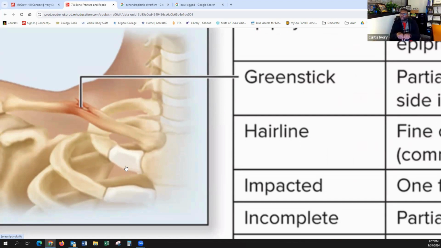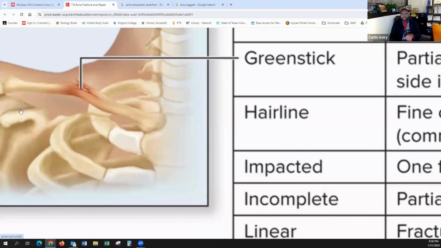With green sticks, which are like living trees versus a tree branch that is dead, those are very hard to break in half, because you can split the top of them, but the bottom half is going to still be attached, just like this right here. So if this was a stick off a fresh tree, the top portion would break, but the bottom portion wouldn't. So this is why it's called a green stick.